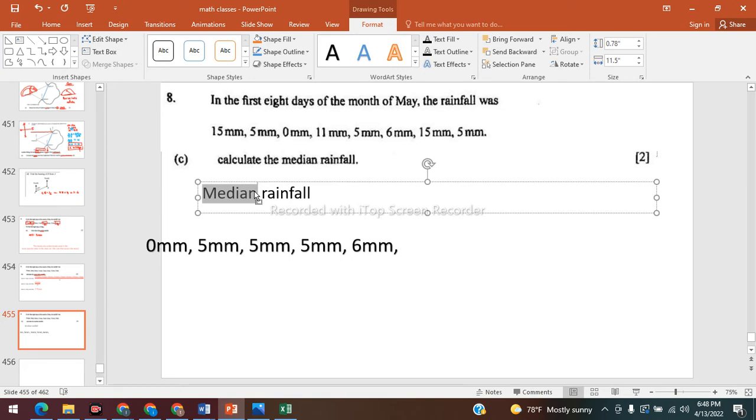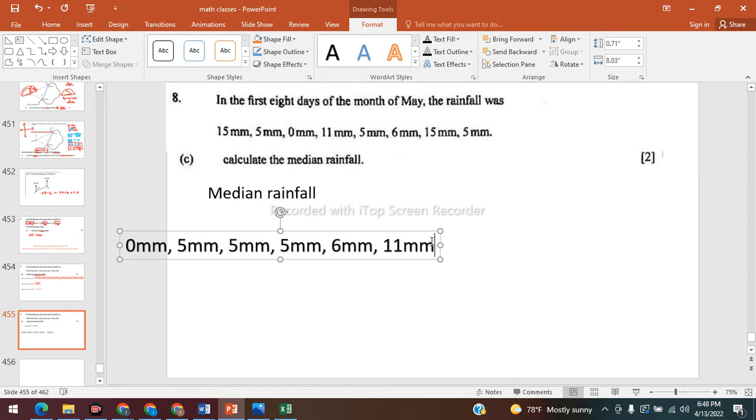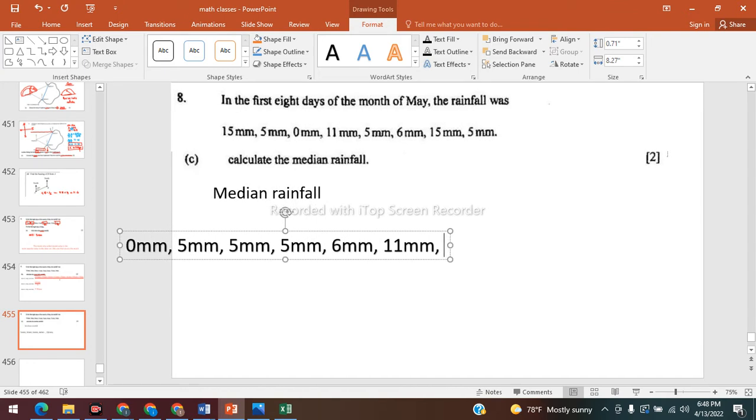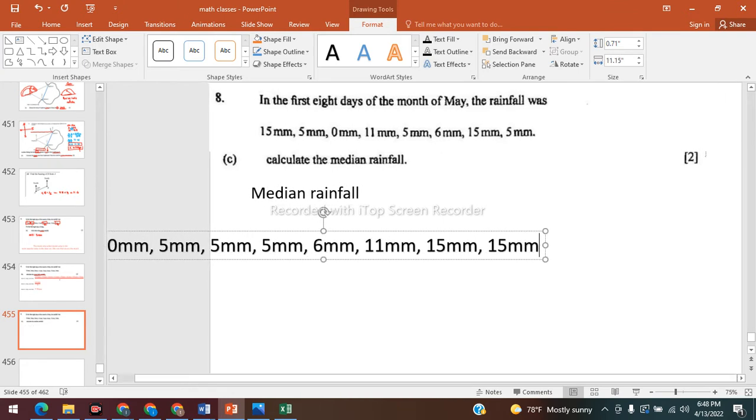How do we do median? You put it in order from least to greatest and find the middle one. Very good. So 0, 5, 5, 5, then 6, then 11, then 15 and 15.